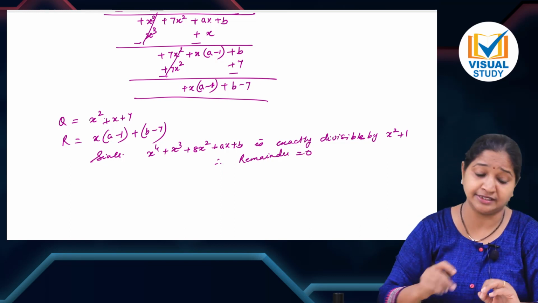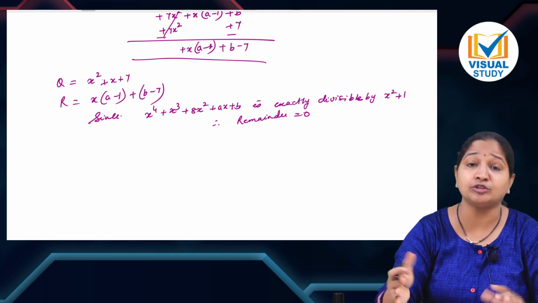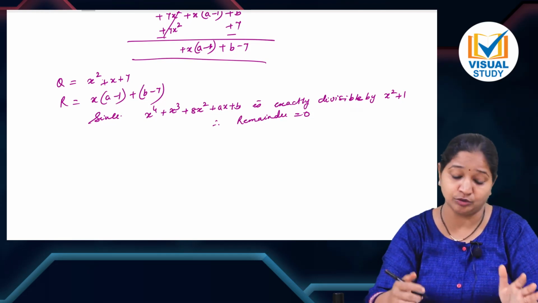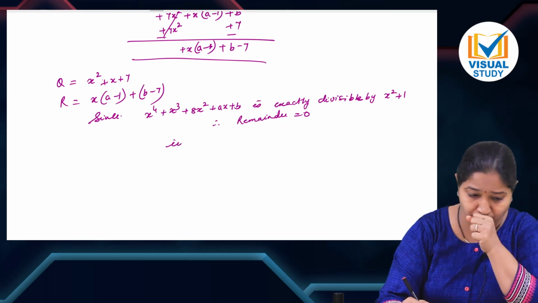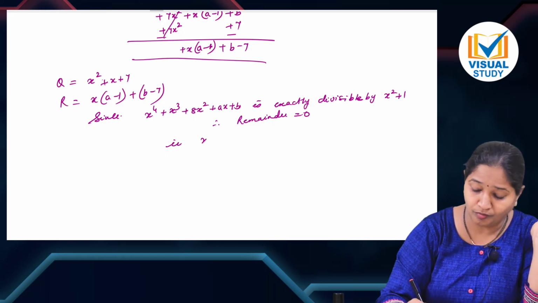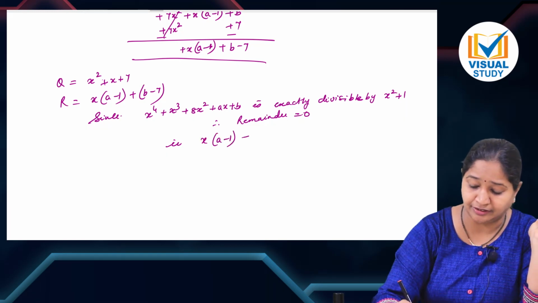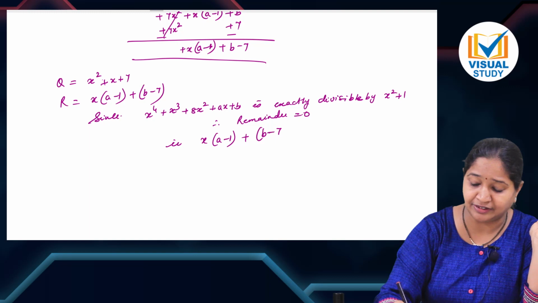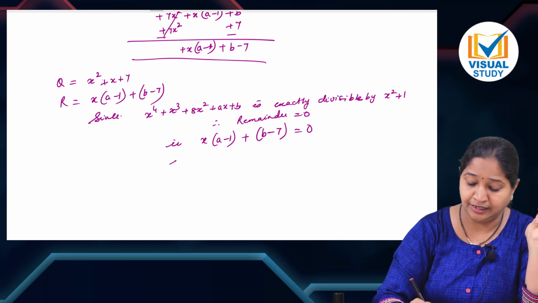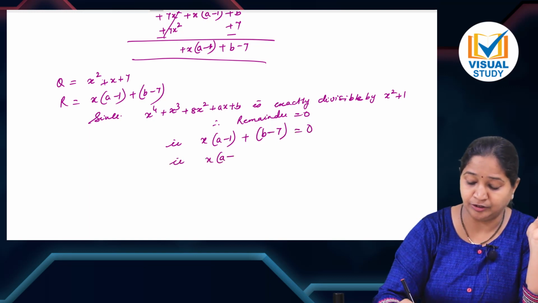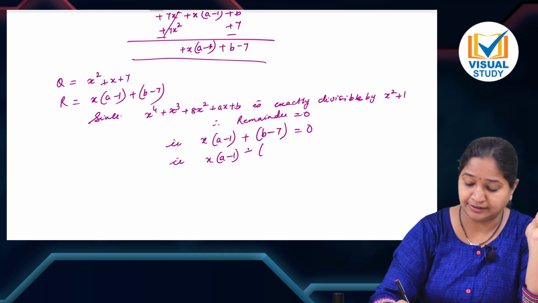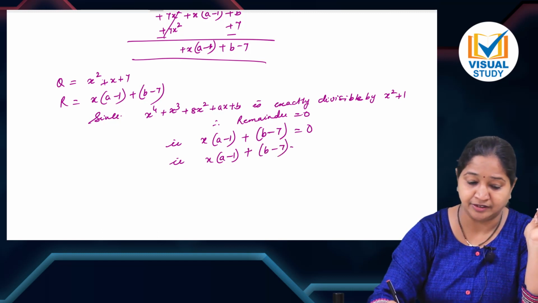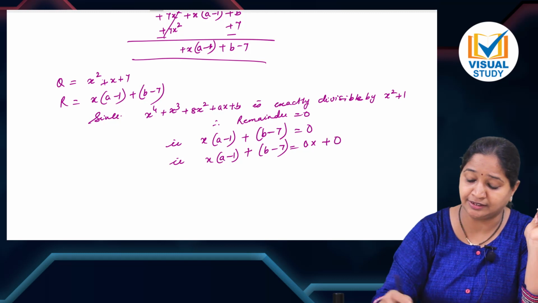equal to 0. And if your remainder is 0, then you can compare the remainder with the 0, that is x into a minus 1 plus b minus 7 equal to 0. And again x into a minus 1 plus b minus 7 is equal to 0x plus 0.